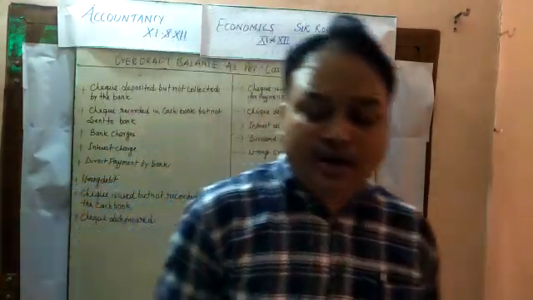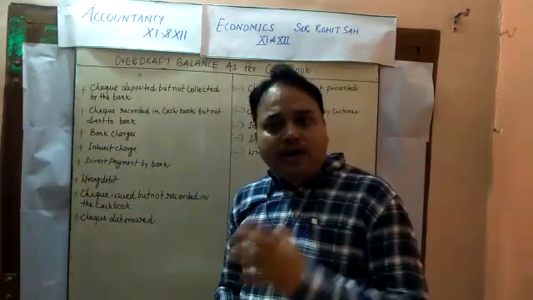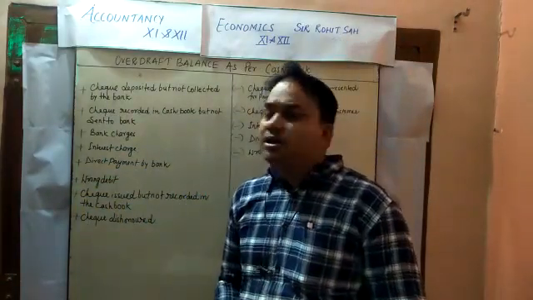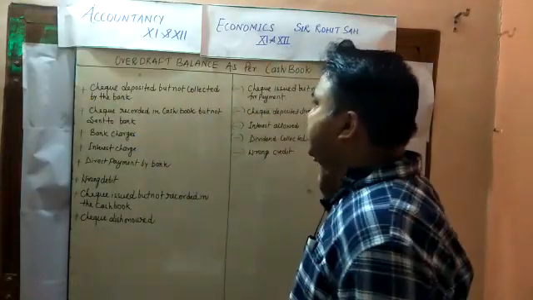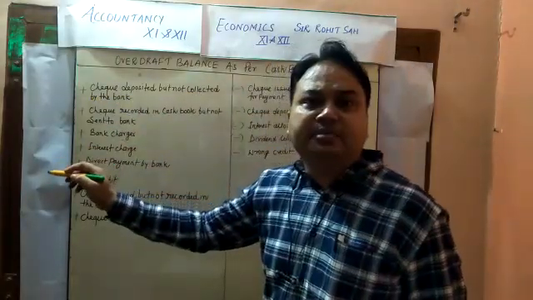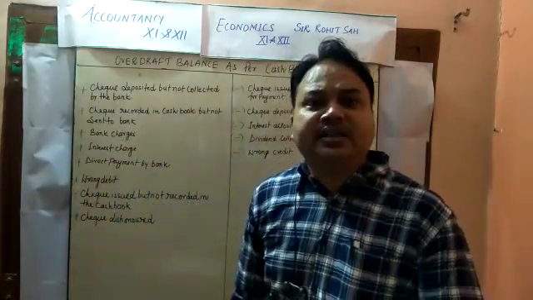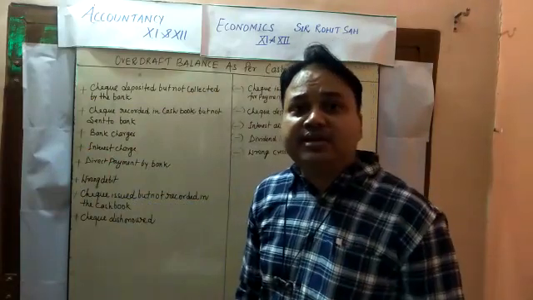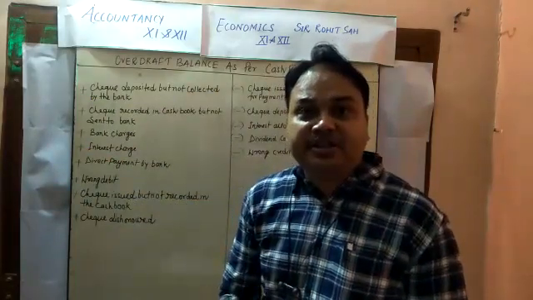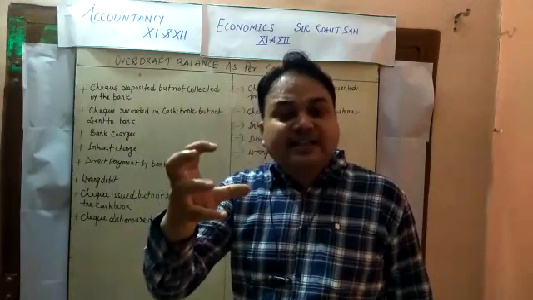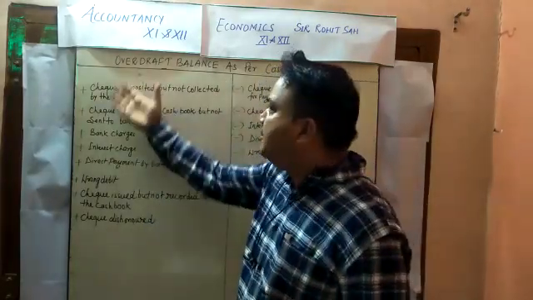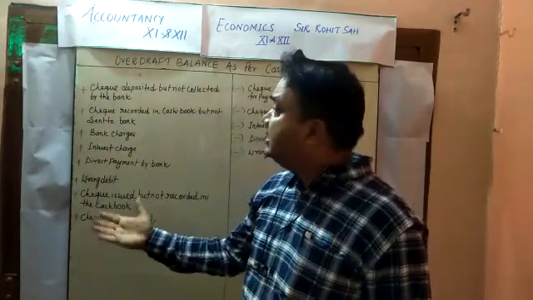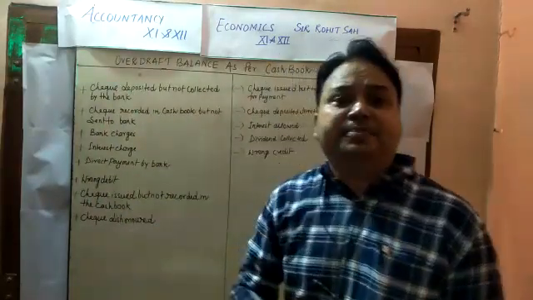Okay, my dear student, keep in mind whatever is given in the question, you just go through that and make this statement. After making this statement, you are able to understand what type of transaction is given. When you understand what type of transaction it is, you frame the reason and then put the minus and plus.